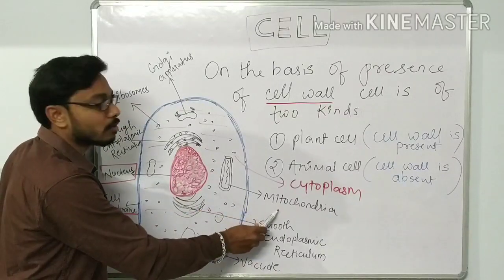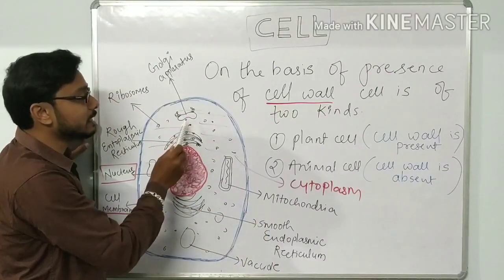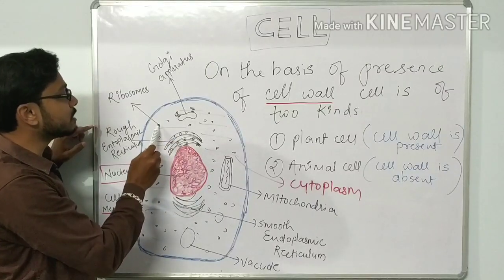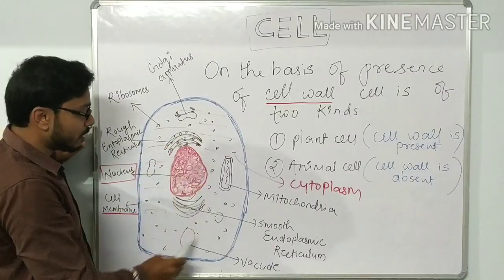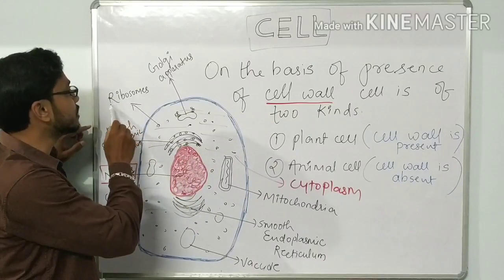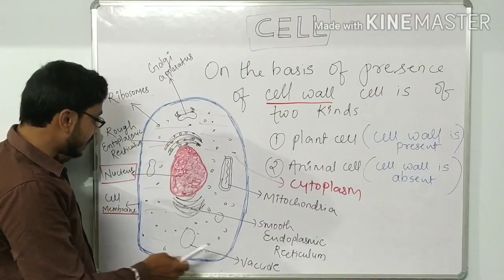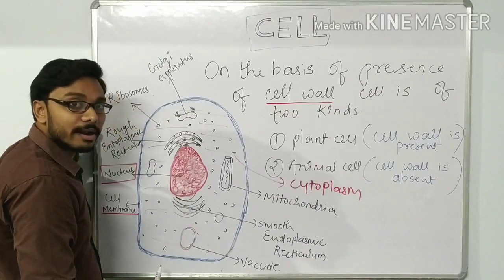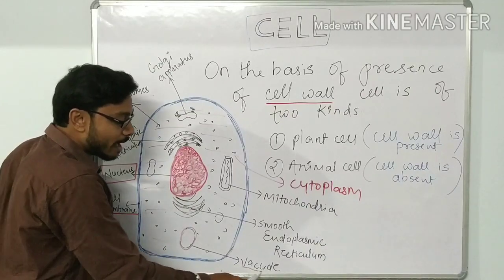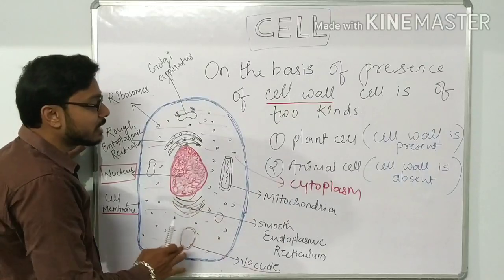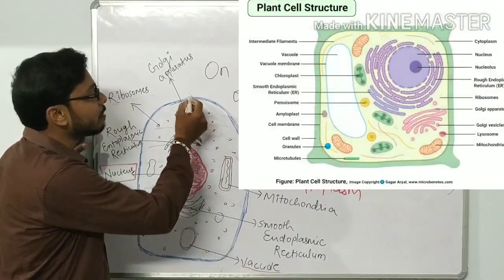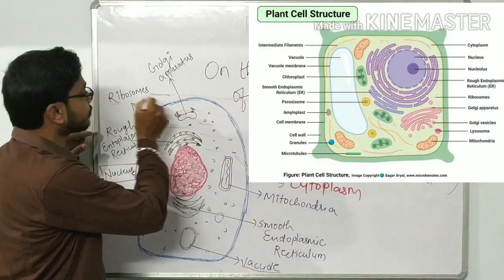After this there is the Golgi apparatus, one of the cell organelles. Then there are ribosomes, small structures in the cell. Then there are vacuoles. So this is a typical animal cell.